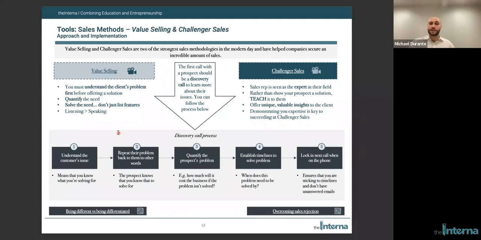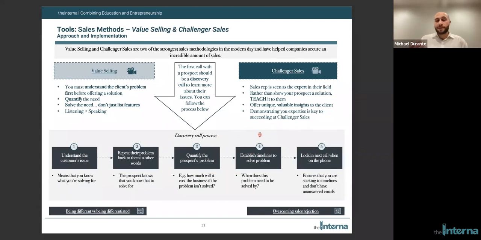The next thing that we want to do, which I've already alluded to, is quantify this problem. Do we know how much it's going to cost them if they don't solve this issue? Or how much value they can deliver if they're able to solve it? Once we've quantified it, we also want to establish timelines.